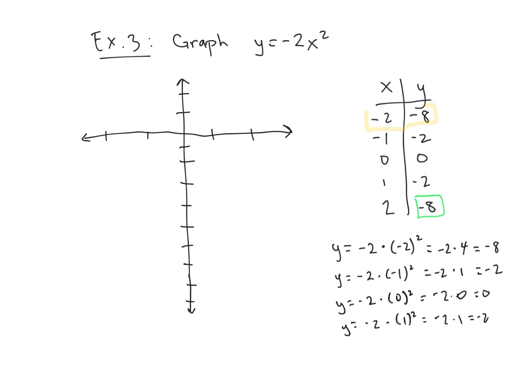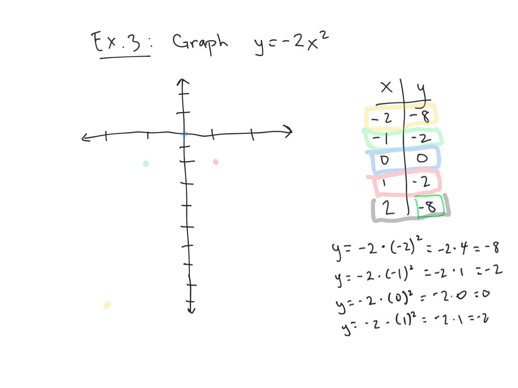From the top, negative 2 and negative 8 is 2 to the left and 8 down. So that yellow point right there. Then negative 1 and negative 2 is 1 to the left and 2 down. And then 0 and 0 is right in the middle. And 1 and negative 2 is 1 to the right and 2 down.